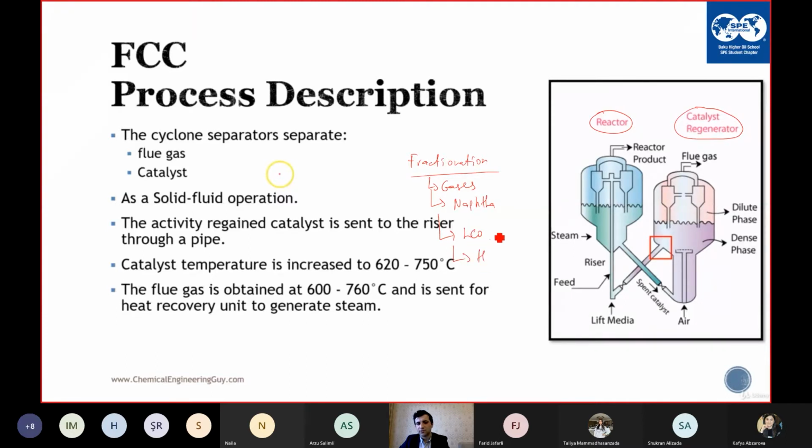Light cycle gas oil, this is a diesel product, and HCO, and slurry. HCO and slurry are the heavier products which are sent to the delayed coker unit, where we produce coke.